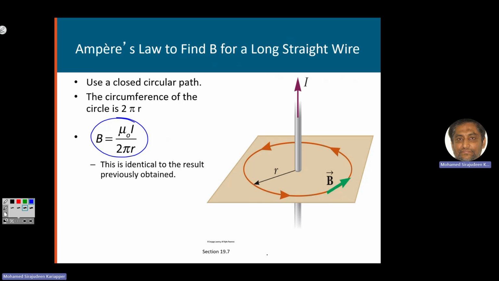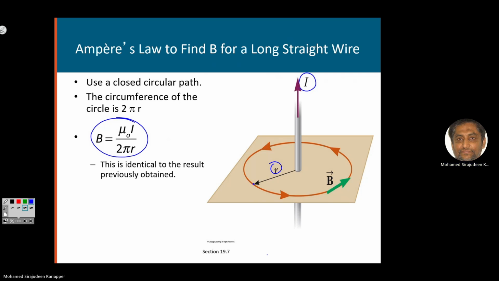Let's do it. Imagine there is a long straight wire carrying the current upward. Imagine a circuital path. Let that path be a perfect circle with the center at the wire, and let's say the radius of that circle is r.